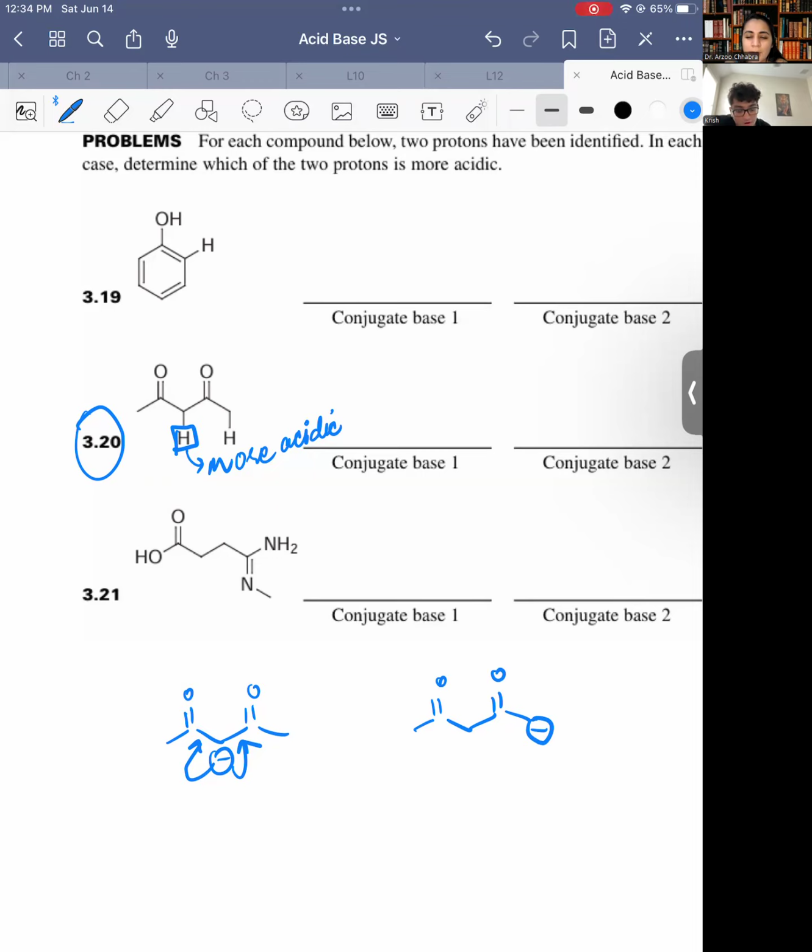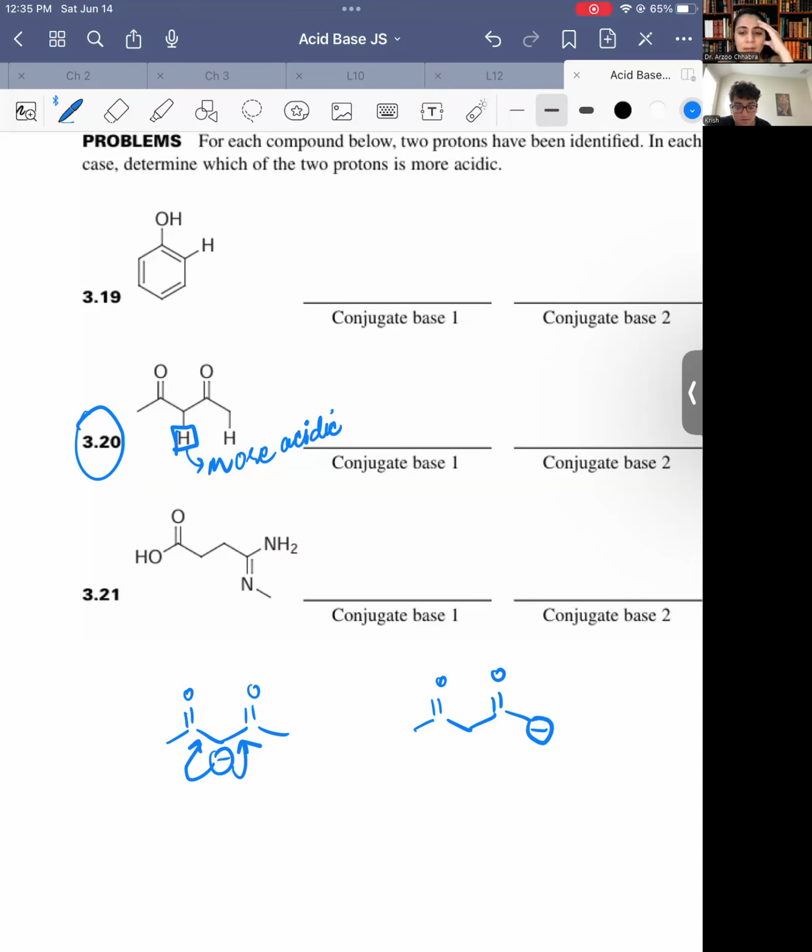You should never draw a resonance form in which oxygen lacks an octet. In the example below, the second form is less significant. Yeah, it is less significant. That's true because it has a charge, right? We always say the most stable would be the neutral one. When we number them, the neutral structures are the most stable structures.